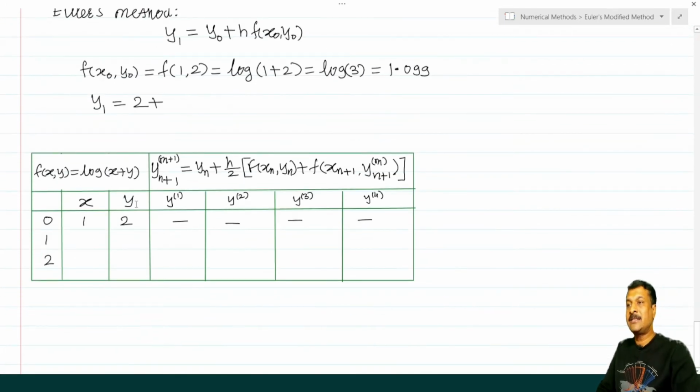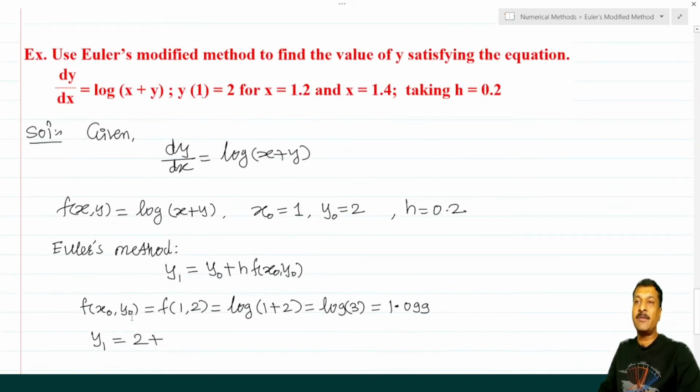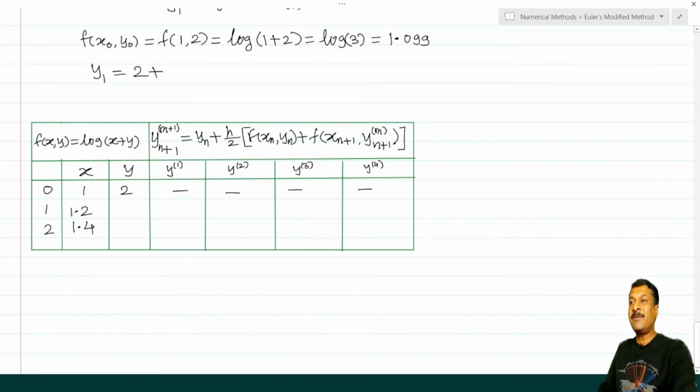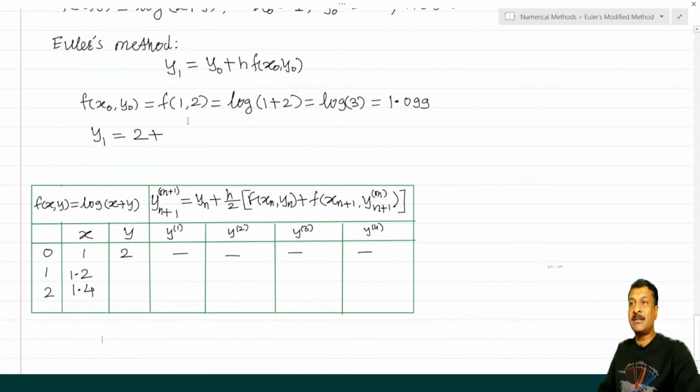So x0 is 1 plus 0.2, so I am getting the value 1.2. Again x1 plus h gives 1.4. These values are fixed and I want up to 1.4. So what is the value of y1? This row I am going to complete. So y1 is y0, that is 2, plus h is what?